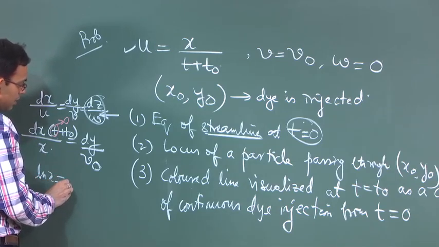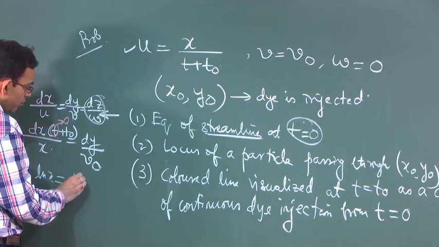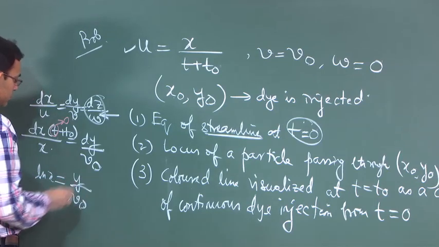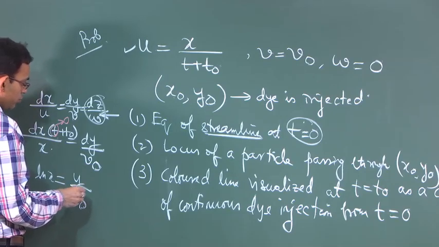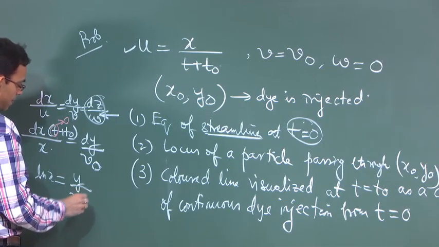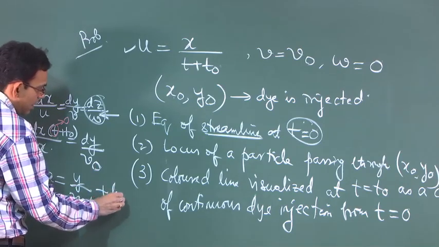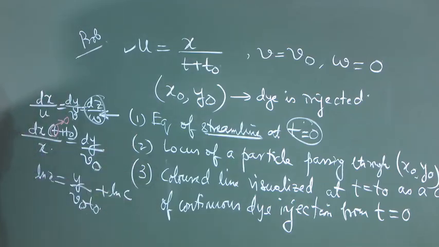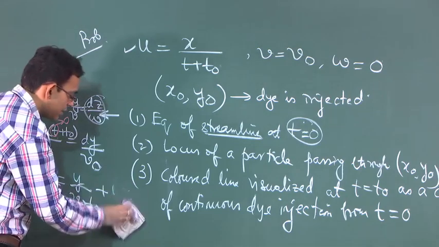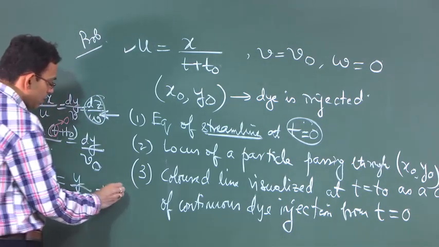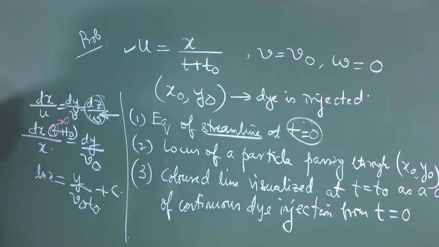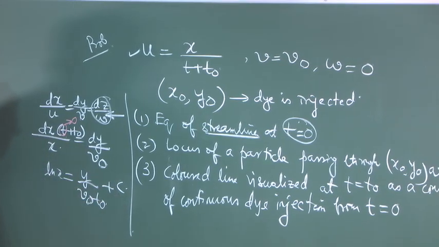So, ln x is equal to y by v0 into t0 plus ln constant of integration, or just you can put a simple constant of integration, whatever is a convenient way of writing. So, we have essentially integrated this and a constant has appeared.